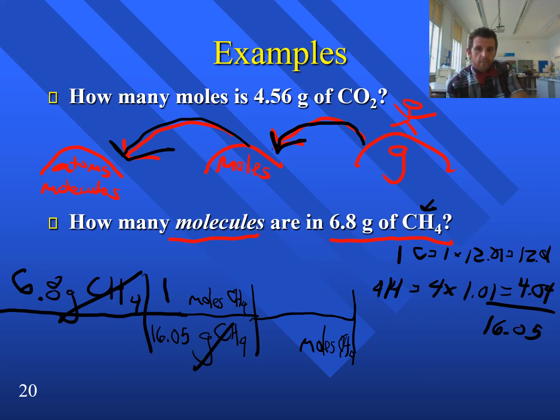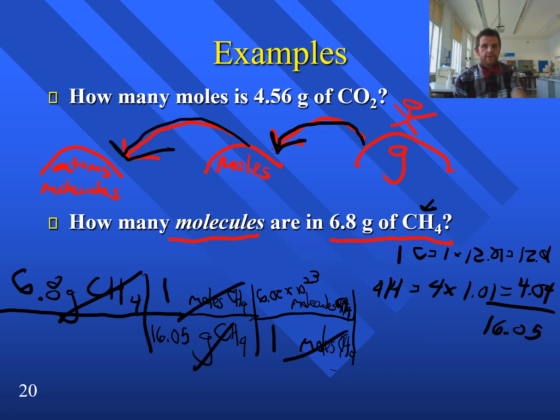And I'm going to go from moles to molecules, CH4. Remember Avogadro's number, so 6.02 times 10 to the 23rd is that number for atoms or molecules for every 1 mole.